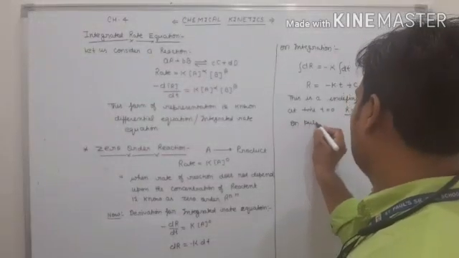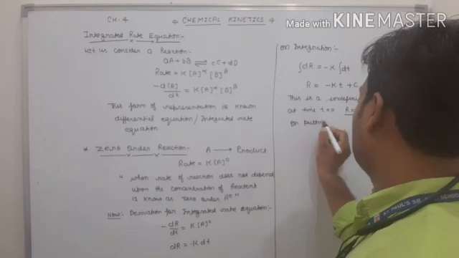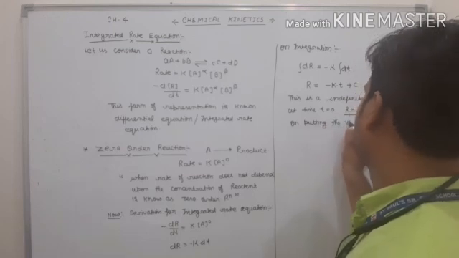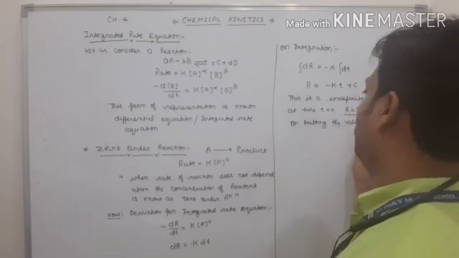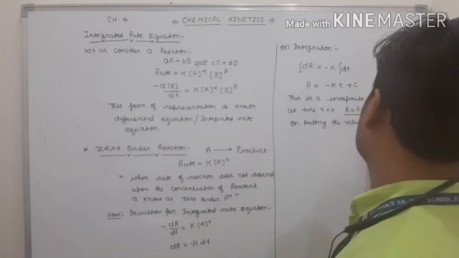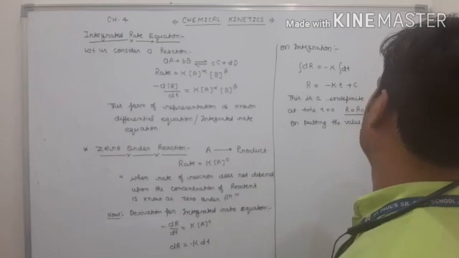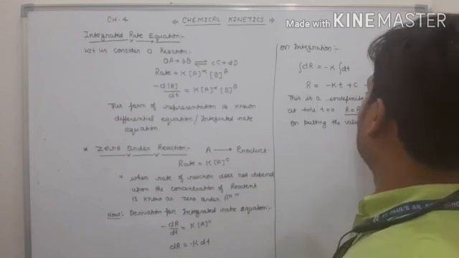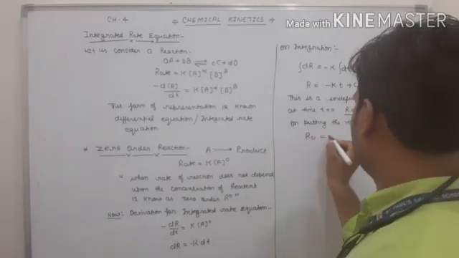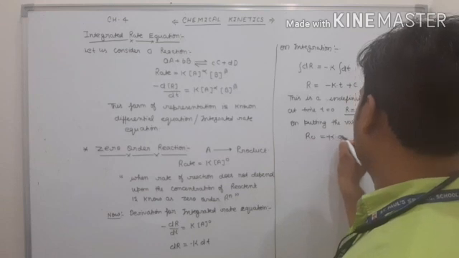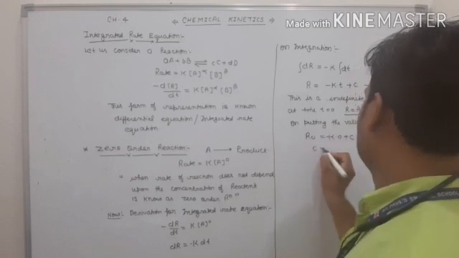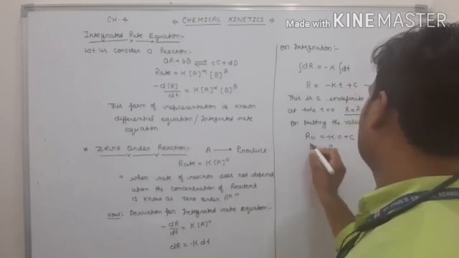On putting the value in equation first, you get R naught is equal to minus K into 0 plus C. C is equal to R naught.